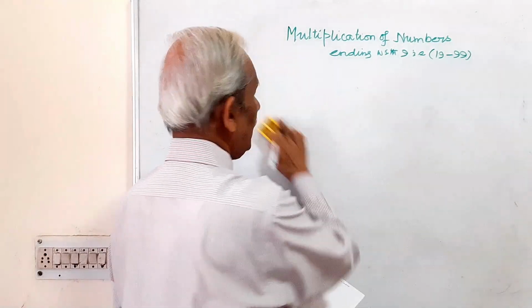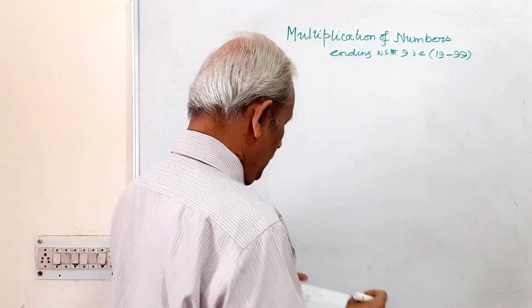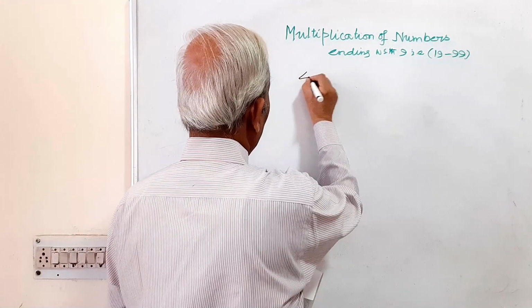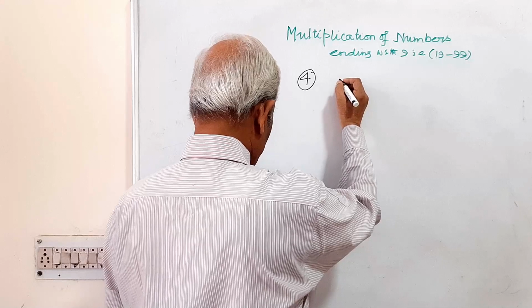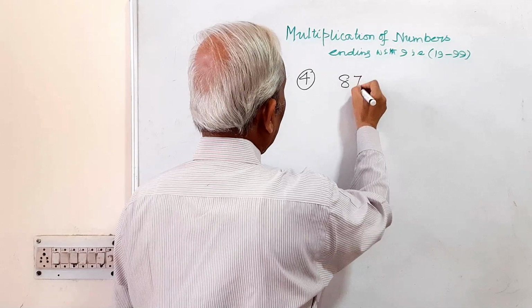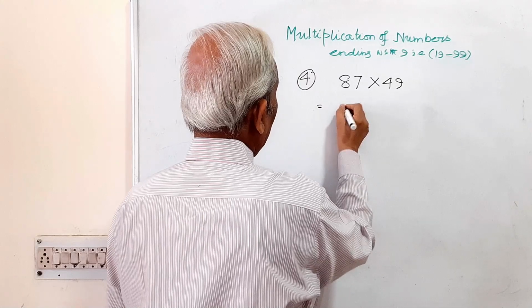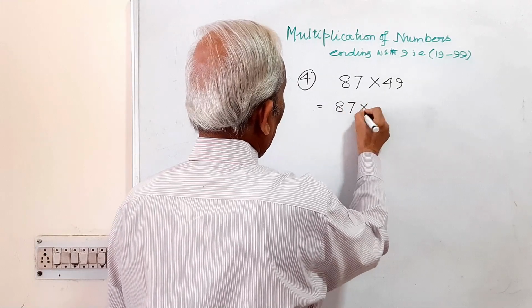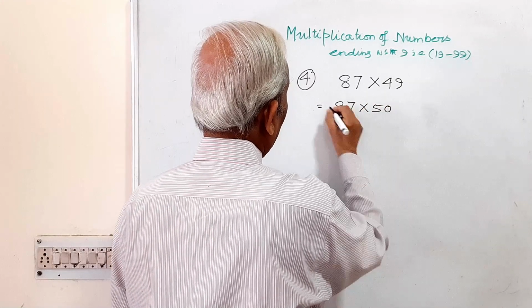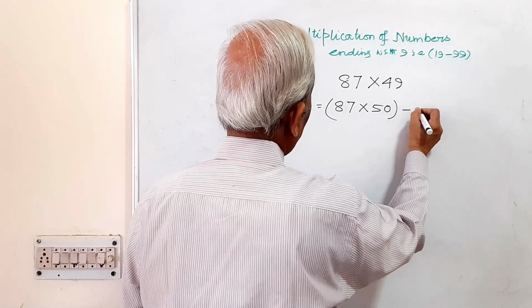Similarly, we'll do the last sum. 87 into 49. So we'll multiply 87 with 50 and then we'll reduce it by 87.